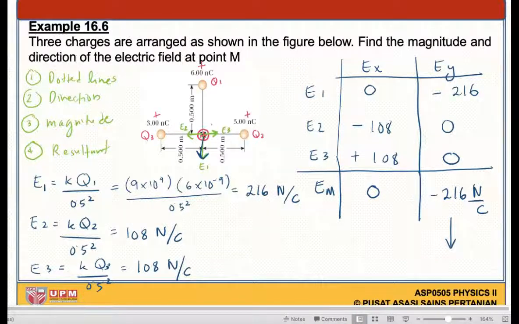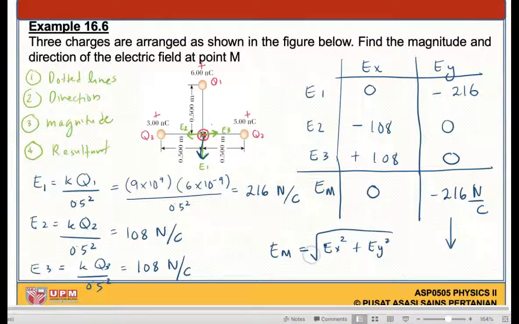And then you're going to ask me, Doctor, what about the resultant force? What about the resultant electric field? Since we only have one component here, even if I wanted to find out the resultant, I can do that. Let's do it. The magnitude of the resultant electric field should be the square root of Ex squared plus Ey squared.